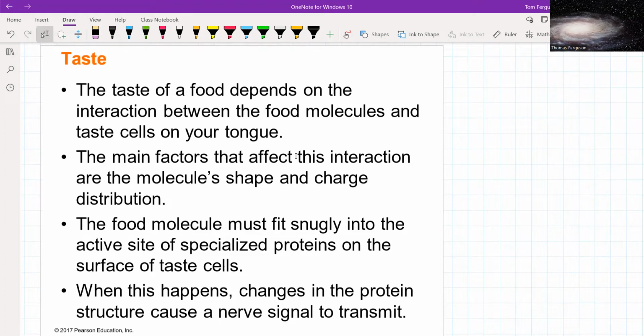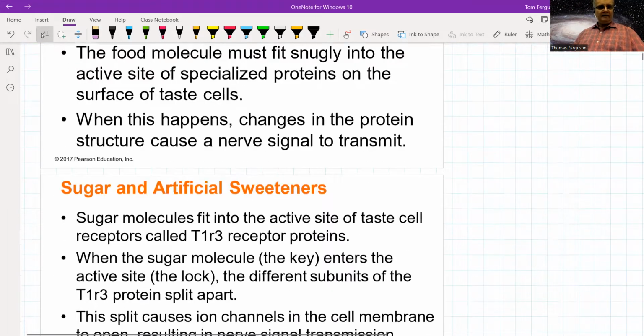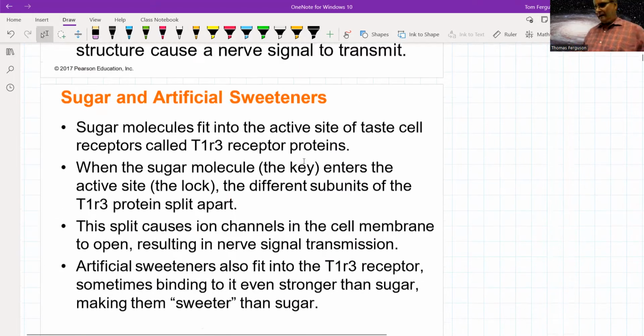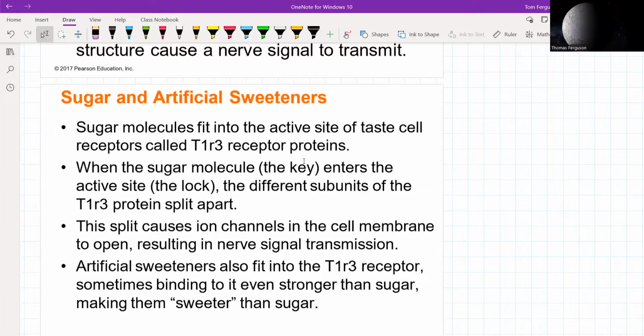All right. Okay. And of course, that's where the artificial sweeteners come in because they also fit the active site. Probably the artificial sweetener frequently does other bad things.